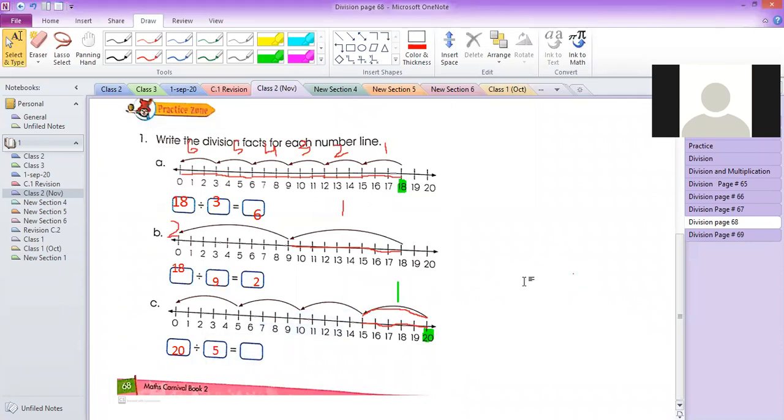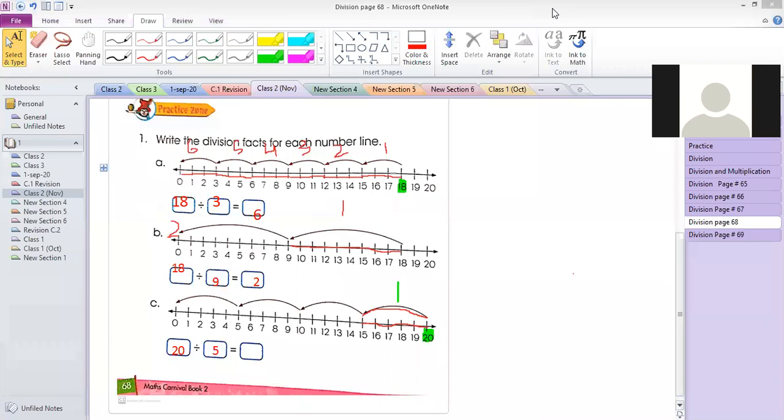Now, what is the answer? How many steps did you take back in order to reach 0? 20 divided by 5 equals what? For that, I'm going to open the chat.